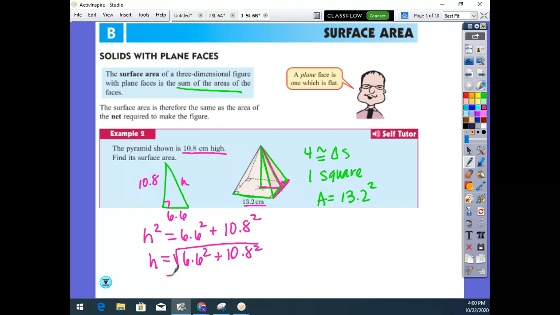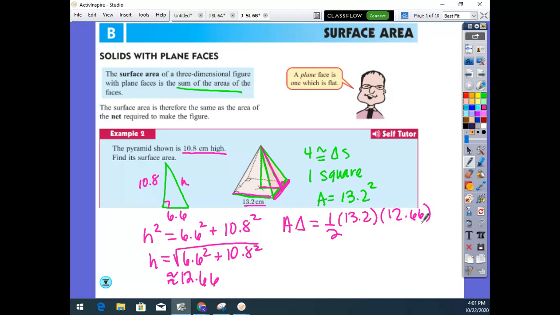So I'm going to add all that up, take the square root, and I come up with approximately 12.66 centimeters. I'm going to go a little bit more than 3 sig figs, so my final answer is a little more accurate. So this H is the height of this triangle. So the area of my triangle is 1/2 base, which is the same as this base, 13.2 times the height, 12.66.